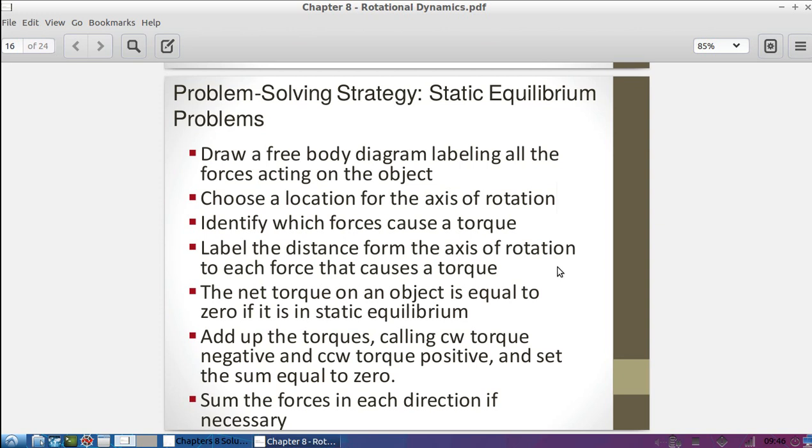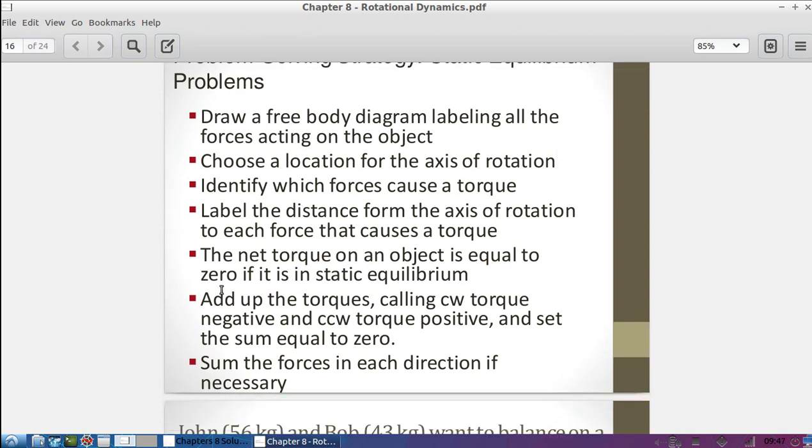So we're going to set all the forces in the x and the y direction equal to 0, right, like we did in Chapter 4. Sometimes that might not be necessary, but it's still good practice to write Newton's second law in the x and the y direction, just in case there's a variable in that Newton's second law equation that comes up that we might need to solve for.